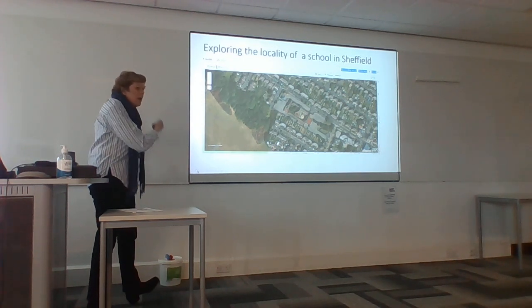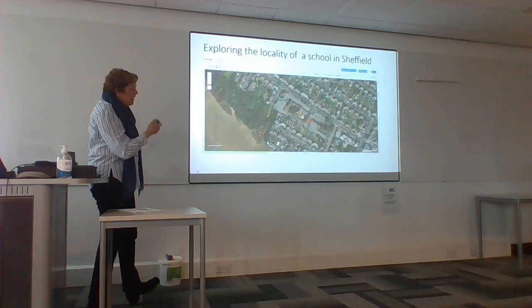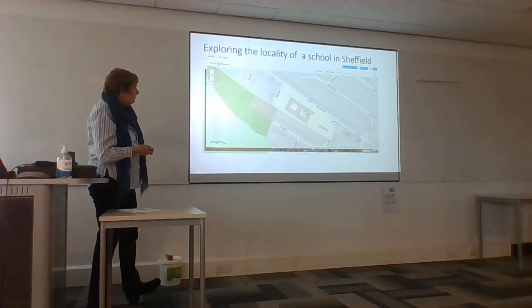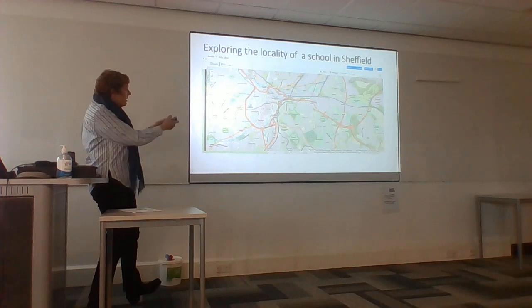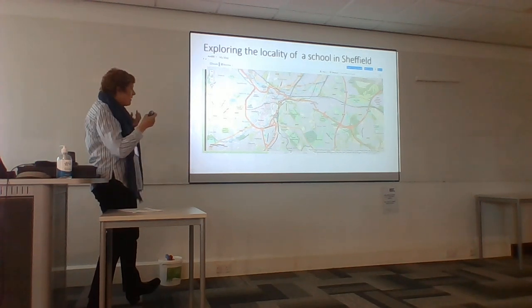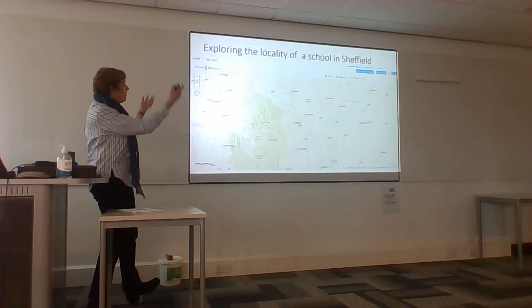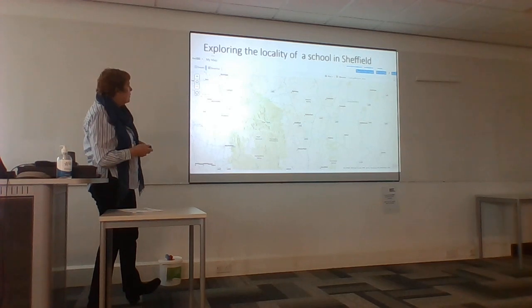Can they describe that location? It might not be the school, it might be somewhere else, might be a contrasting locality, with a few other places marked on. Zooming out now, so we've still got the school in the centre, but we're zooming out to see more of the region. Now we've got Sheffield set in its regional locality.